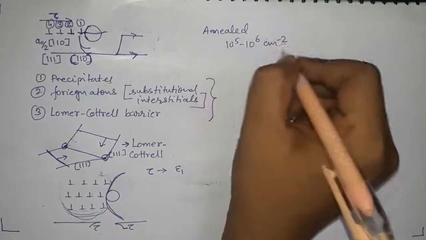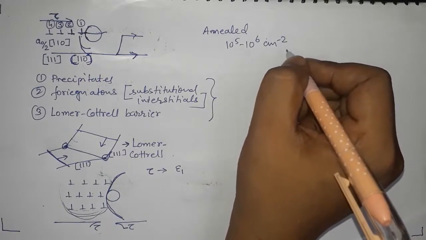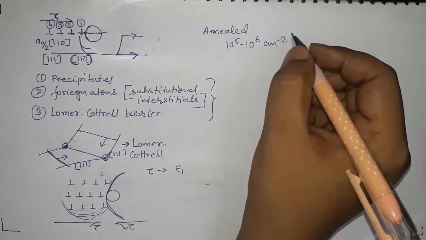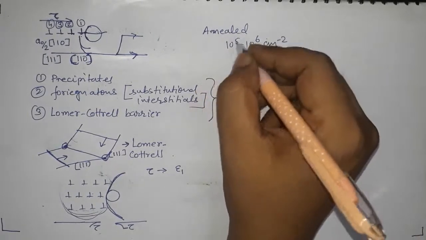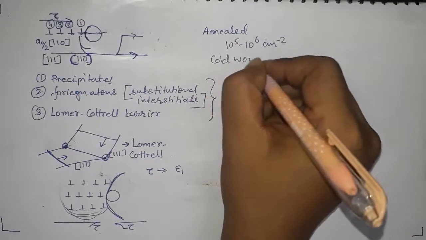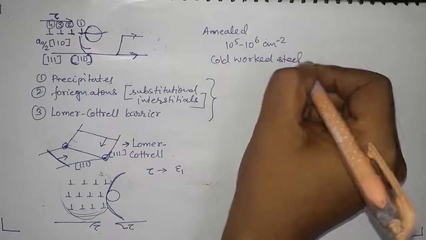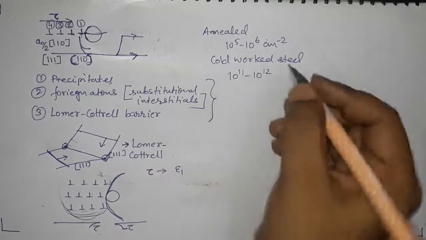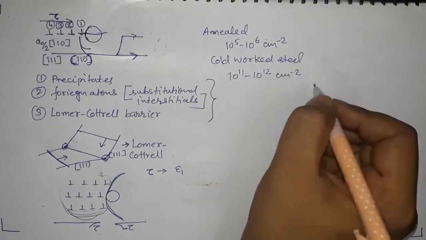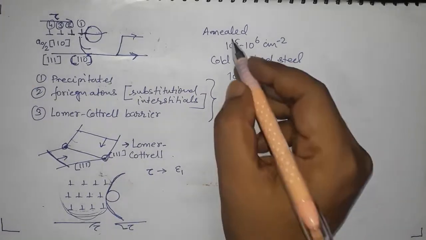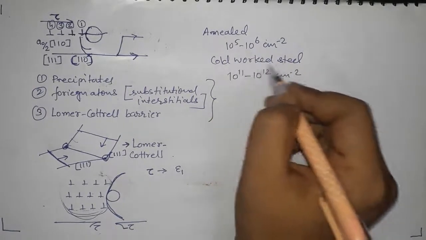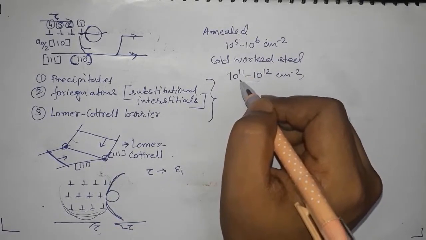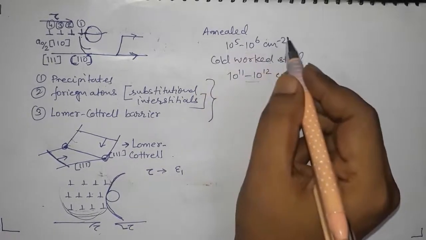In a cold worked steel you can have a much higher number, 10 to the power 11 to 10 to the power 12 per centimeter square. Cold working is deforming the material at room temperature, and by doing that you greatly increase the number of dislocations compared to the annealed condition.